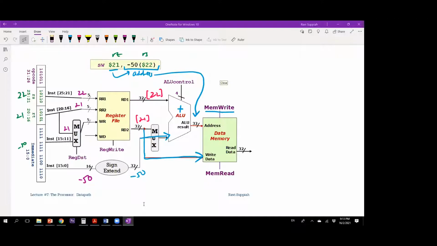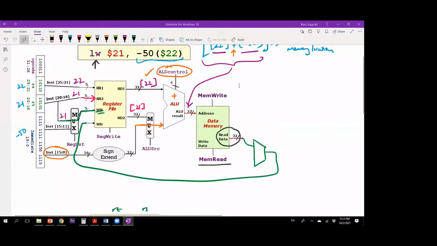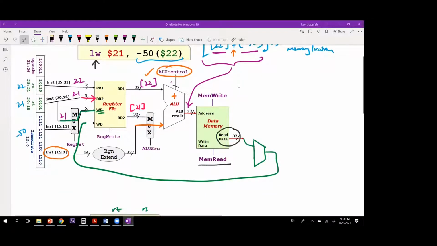As a question, for load word, how does WD have the register 21? For load word instruction, the 21 here is the register specified in RT, correct? And that is mapped to here and also here.